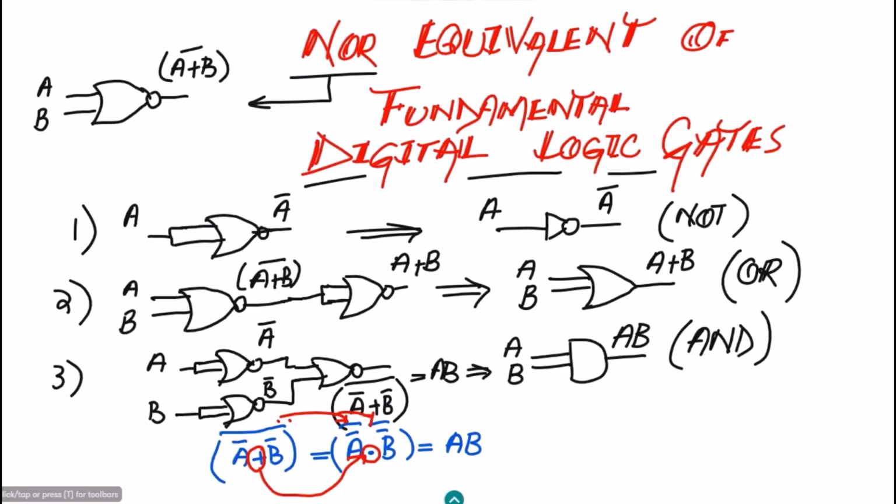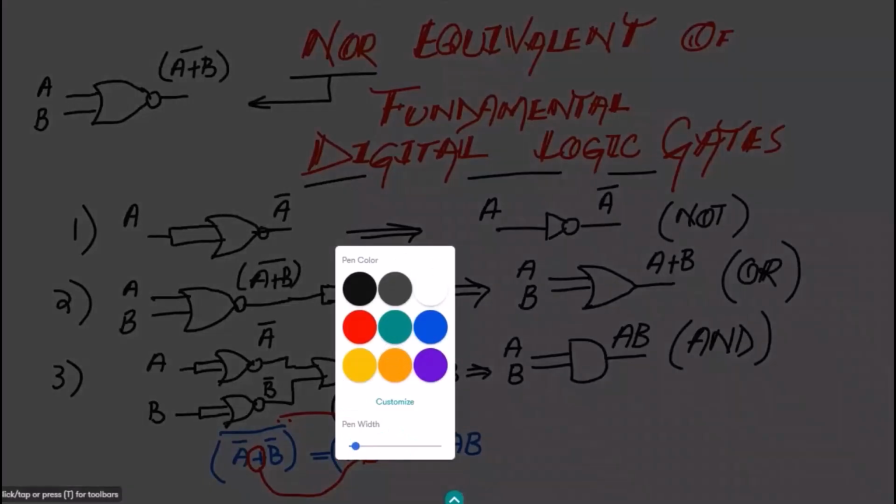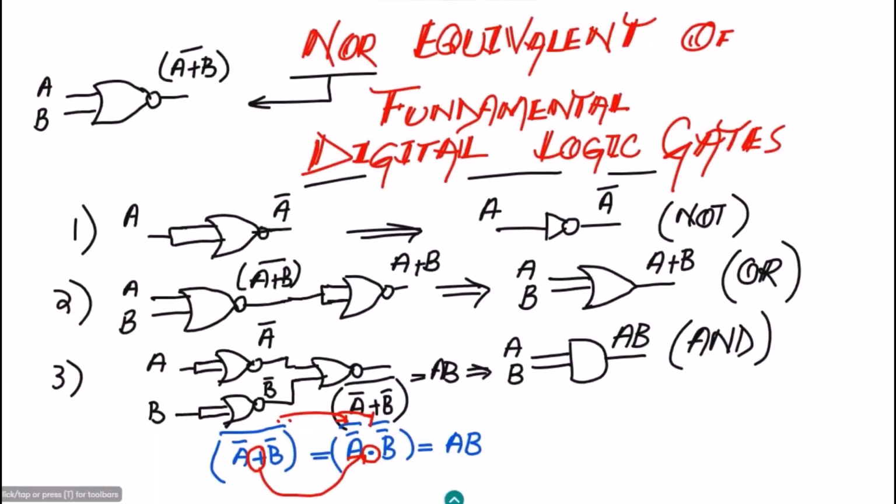If I want to make it a NAND gate, I have to insert the inverter here. In order to insert the inverter, let me use this red color for it. So I will have to insert another NOR gate here, and at the output of it I will get the complement.